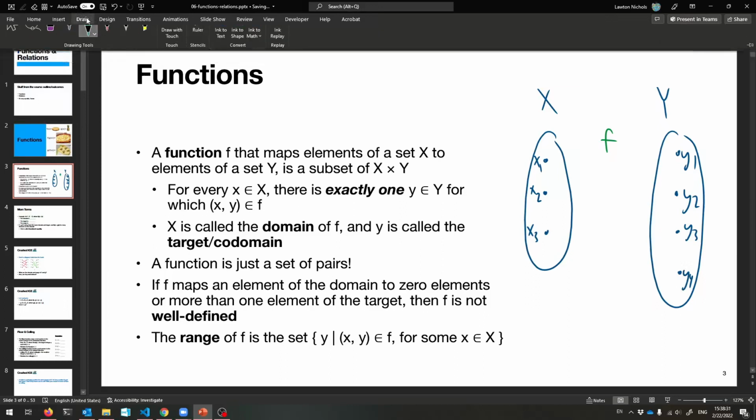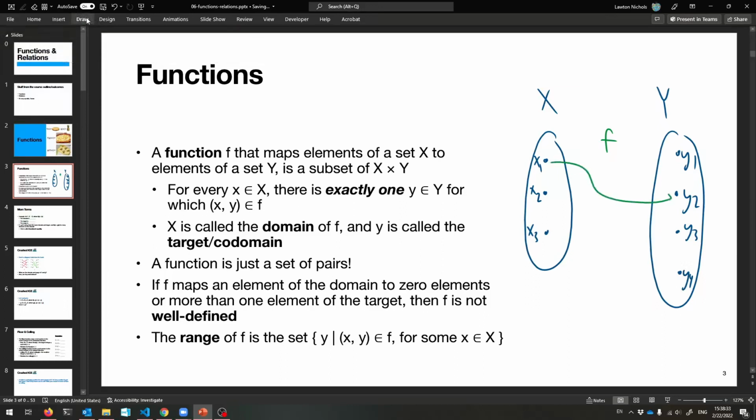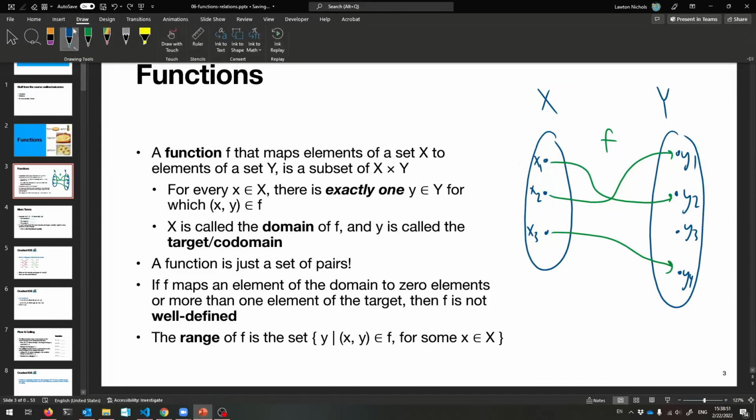So let's say that x1 gets mapped to y2, x2 gets mapped to y1, and x3 skips over y3 and goes straight to y4. That is our function f. That's what it does for x1. It maps it to y2. f of x2 is y1, things like that. Okay? That is what's happening. That's what a function does. It takes some things to other things.